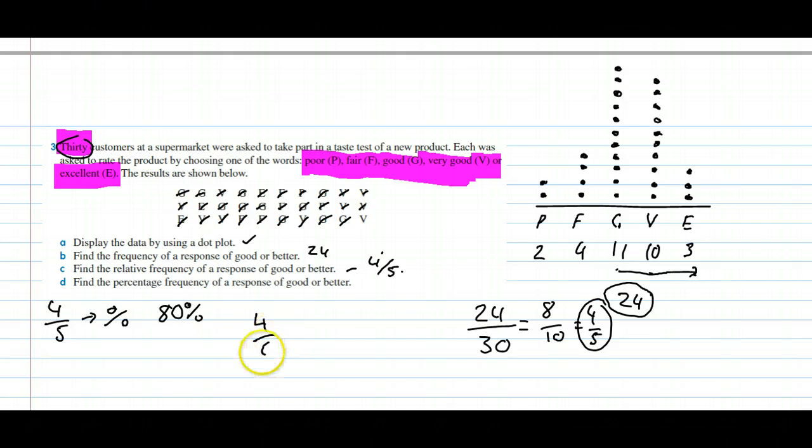You'd take your 4/5 and then just multiply it by 100%, which will come out to 400% divided by 5. 4 times 100 is 400. Divided by 5 equals 80%. You can put that into a calculator if you need to. Okay, so there we go. That's question 3 done. Let's move on to the next one.